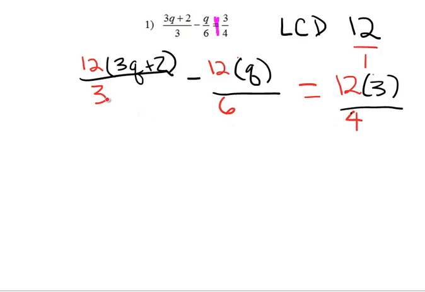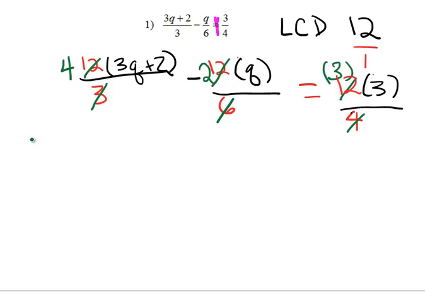Now you notice I still have different denominators, but this is where it gets kind of fun. So here 3 goes into 12 4 times, so I'm going to cancel that out and leave behind the 4. 6 goes into 12 2 times, so I'm going to cancel that out and leave behind the 2. 4 goes into 12 3 times, and I'm going to cancel that out and leave behind the 3.